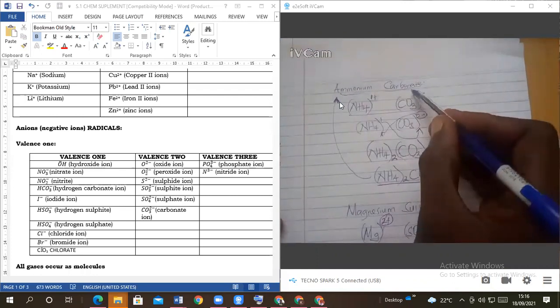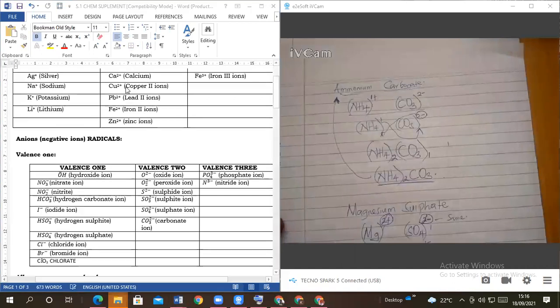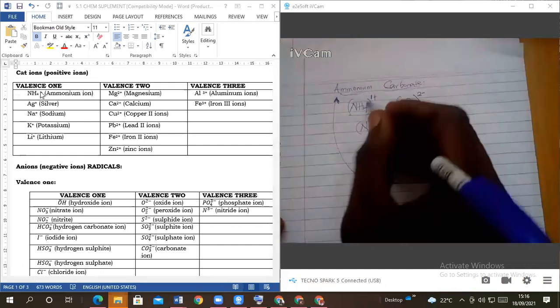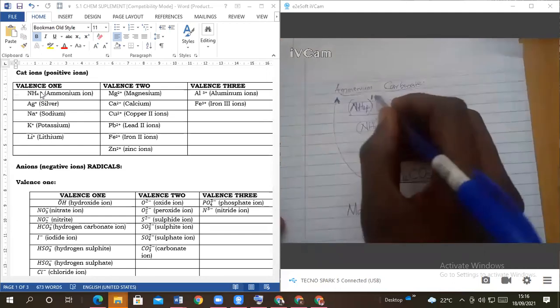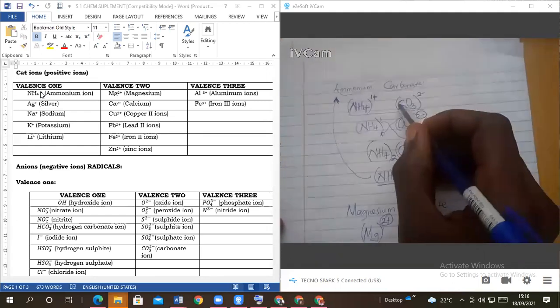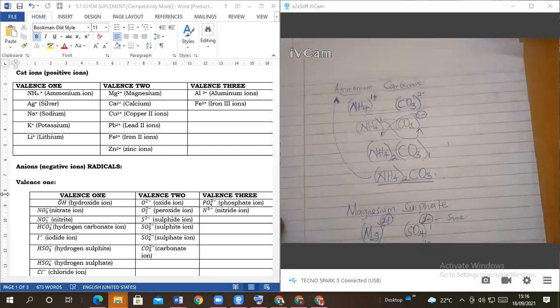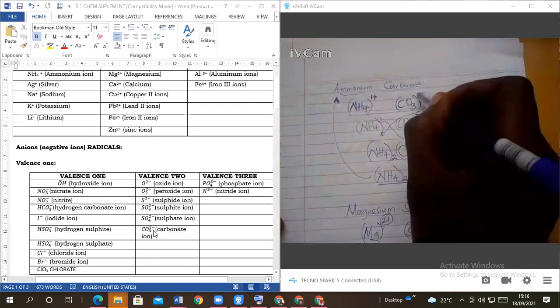Ammonium on the table is written as NH4 plus, with valence 1. So we copy it: NH4, valence 1 plus. Carbonate is CO3. What is the power? Two. So it becomes 2 minus.